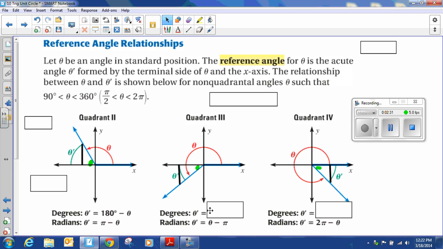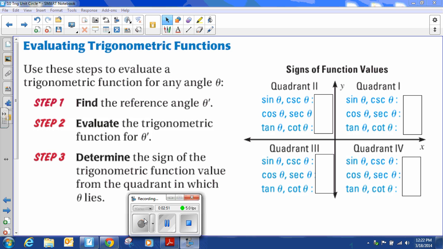When you're in quadrant 3, your angle is going to be greater than 180, so you want to do theta minus 180. And finally over here, when you're in quadrant 4, the reference angle is 360 minus theta.